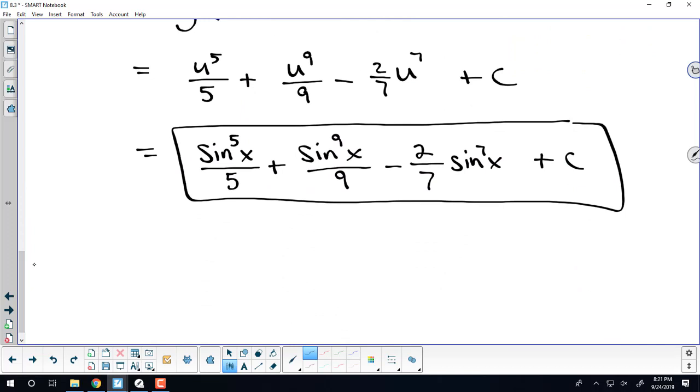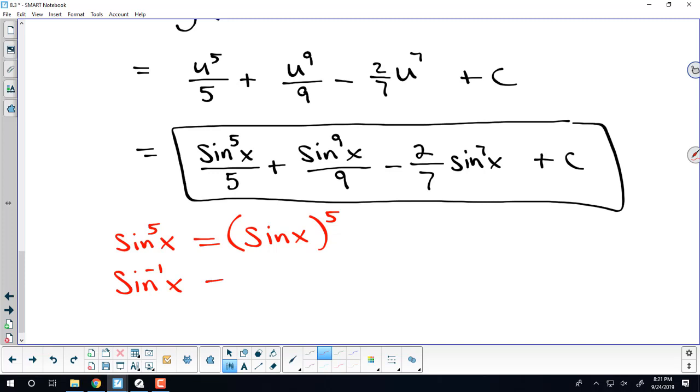There was a question brought up, and I think it's important to realize: what's the difference between sine to the fifth x and sine of x quantity to the fifth? Remember, those things are identical to each other. The only caveat is when we have inverse sine. This is why you sometimes see inverse trig functions written as arc.